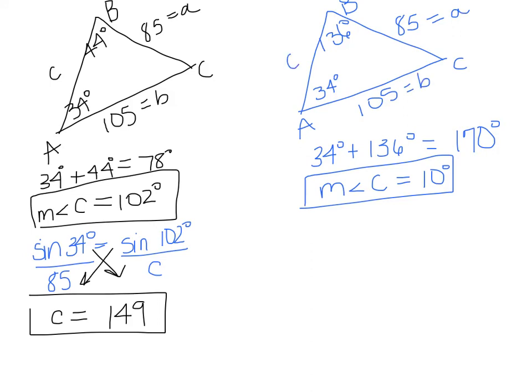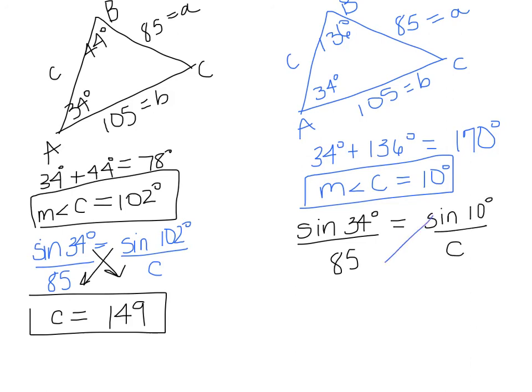So I'm going to do sine 34 over 85 equals sine 10 degrees over c. And I'm going to cross multiply and do sine 10 times 85 divided by sine 34. And in this case, little c equals 26 units.